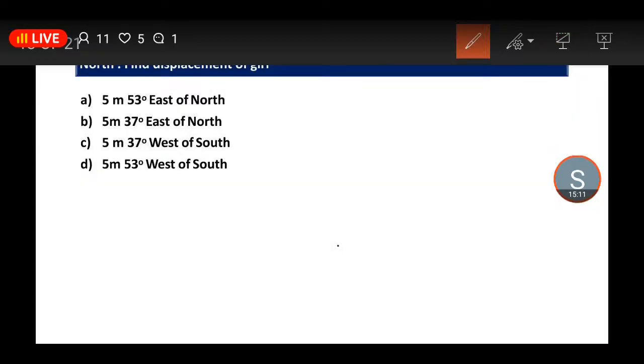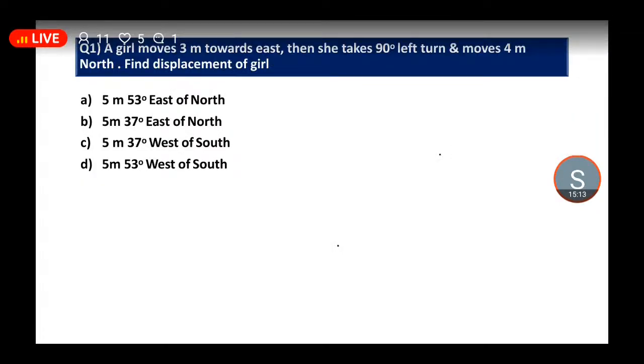See, a girl moves 3 meters towards the east, takes a 90-degree left turn and moves 4 meters north. Find the displacement of the girl. What would be the answer? The answer would be 5 meters.